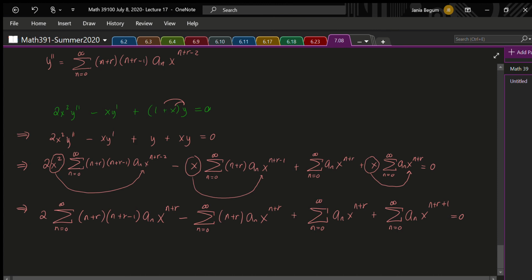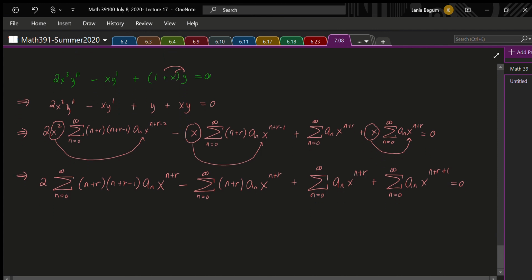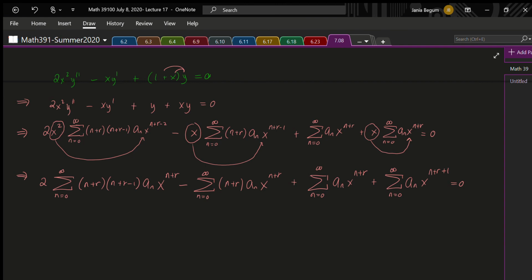Okay, so in ordinary series, when we start shifting, we arranged the power to be x to the k. In this one, we want the power to be k plus r. That's the power we want. So we're going to rewrite.